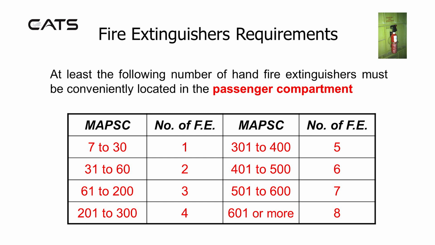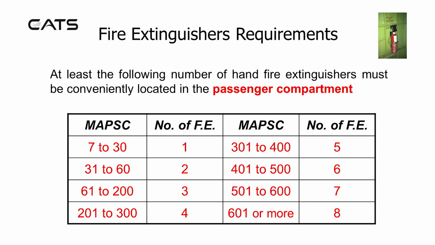At least one of the required fire extinguishers located in the passenger compartment of an aeroplane with a maximum authorised passenger seating capacity greater than 31 and less than or equal to 60, and at least two for a maximum authorised passenger seating capacity greater than or equal to 61 must contain halon.